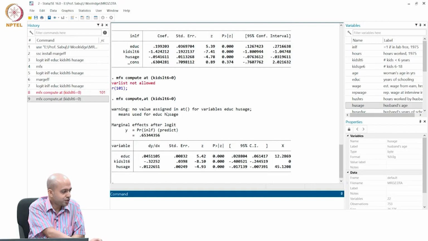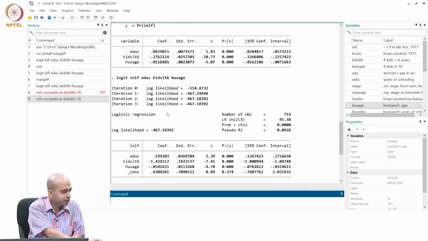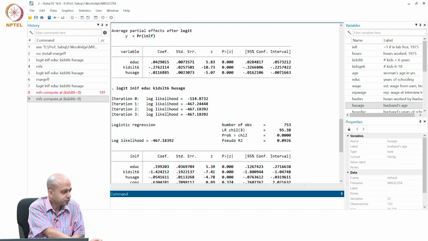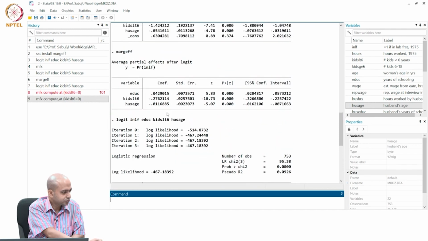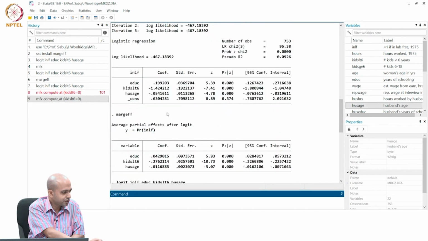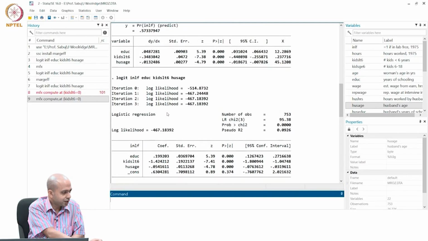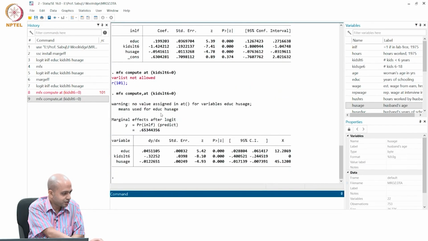And what is the earlier one if you compare? Look at this, in the earlier model, 0.3483, and here it is 0.32. It is a little different, 0.3483 and this is 0.32.